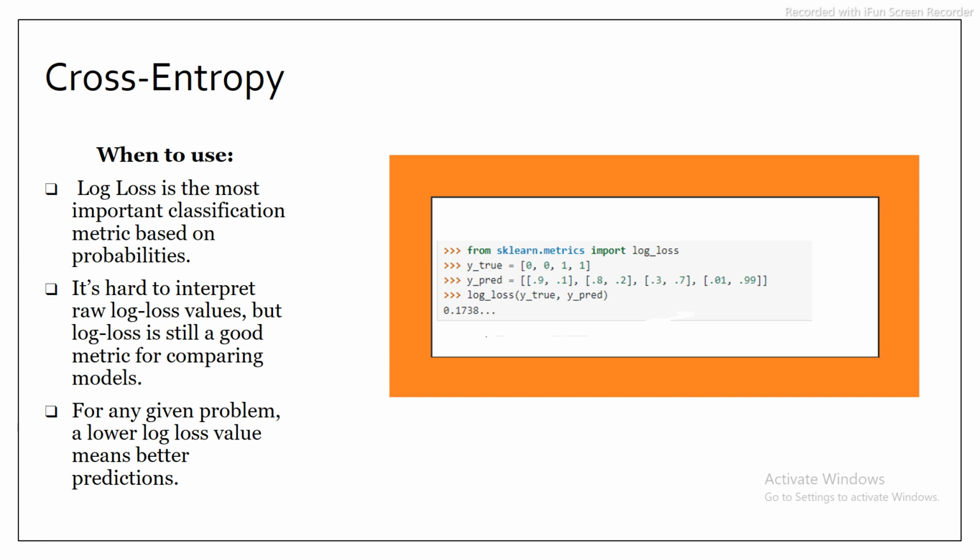It's hard to interpret raw log loss values, but log loss is still a good metric for comparing models. Let's say you are training 5 models and now you have this log loss KPI with you. You compare which model gives you better log loss values. For any given problem, a lower log loss value means better predictions.